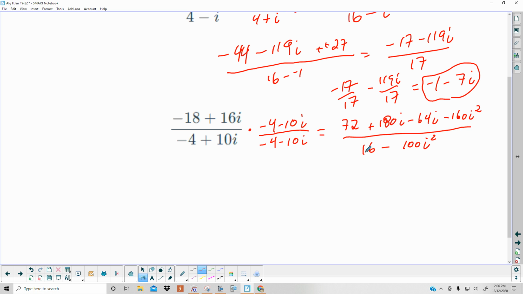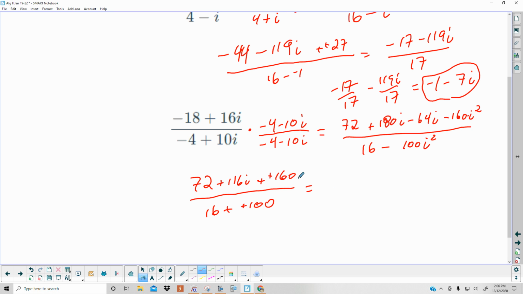Okay. The top is 72. So 180 minus 64i gives you positive 116i. Then it's minus a negative 160 because that i squared is negative 1, so that goes plus. The bottom is 16 minus a negative 100, so that goes plus.